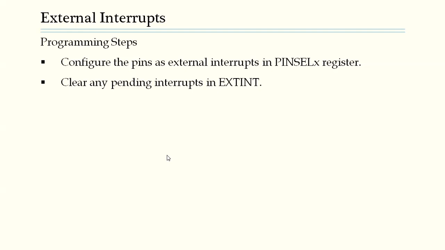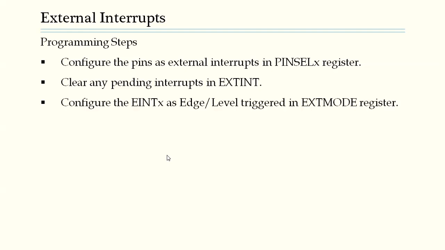So before the execution of any interrupt, when the controller enters the interrupt service routine, it sees that the pending interrupts are cleared, so that during the execution of the current ISR, other interrupts are stopped from interrupting the current execution of the ISR. So that's the second step.